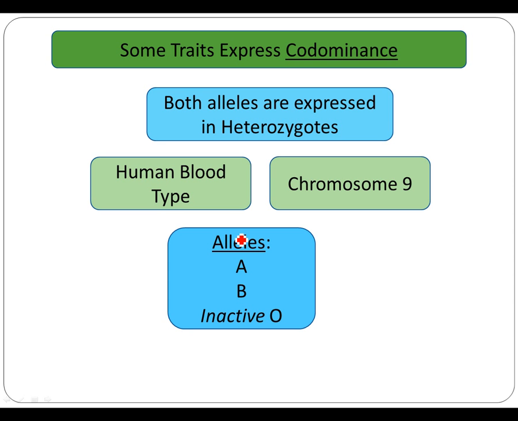If you're getting one allele from each parent, someone could be AA, AO, or AB. Someone with a B allele could be AB, BB, or BO.